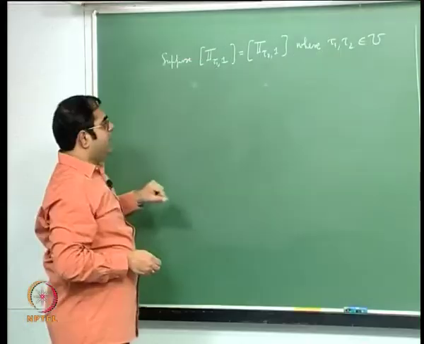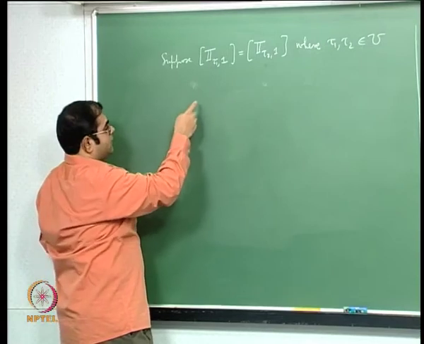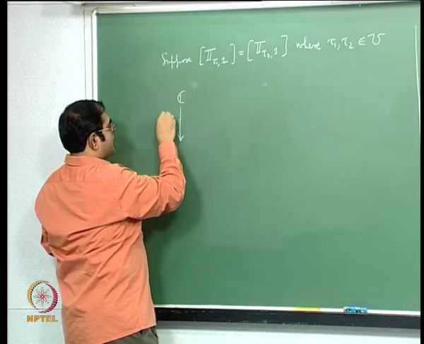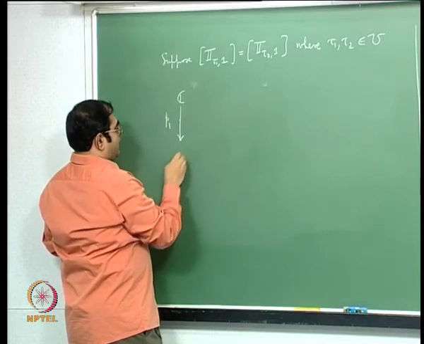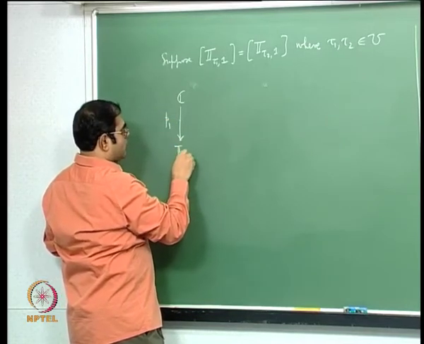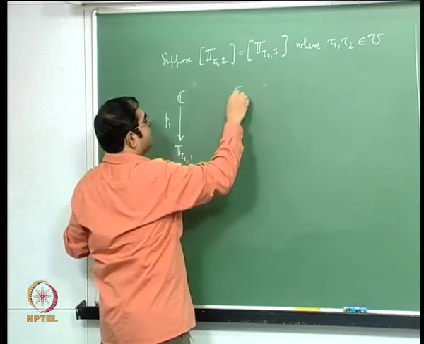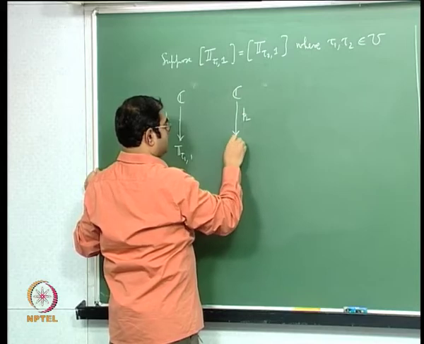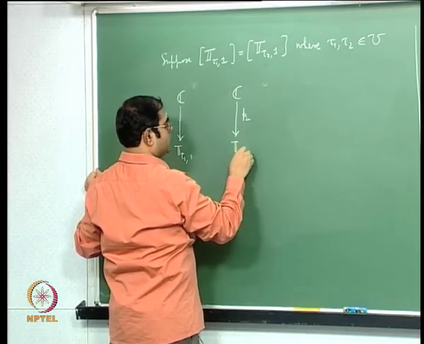Now again let's draw the covering maps. So I have C, this is P1 and this is T tau 1 comma 1. Then I have again C, this is P2 and I will have T tau 2 comma 1.